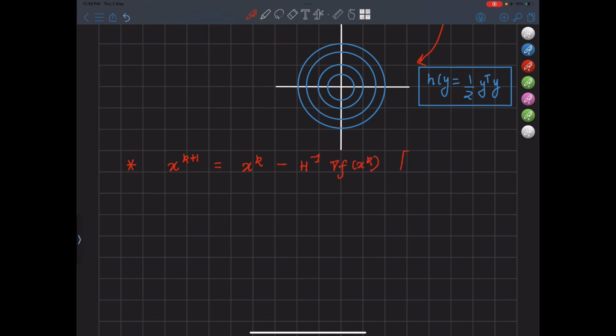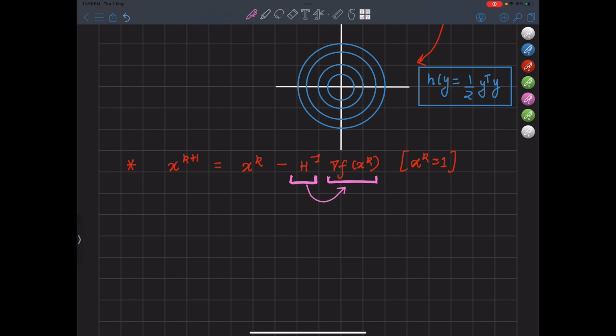Here the step length is 1, so alpha k is 1. We have assumed that. You can see that we have a second order information requirement here, H inverse, which changes the direction of the steepest descent. So it rotates the steepest descent direction a little bit.